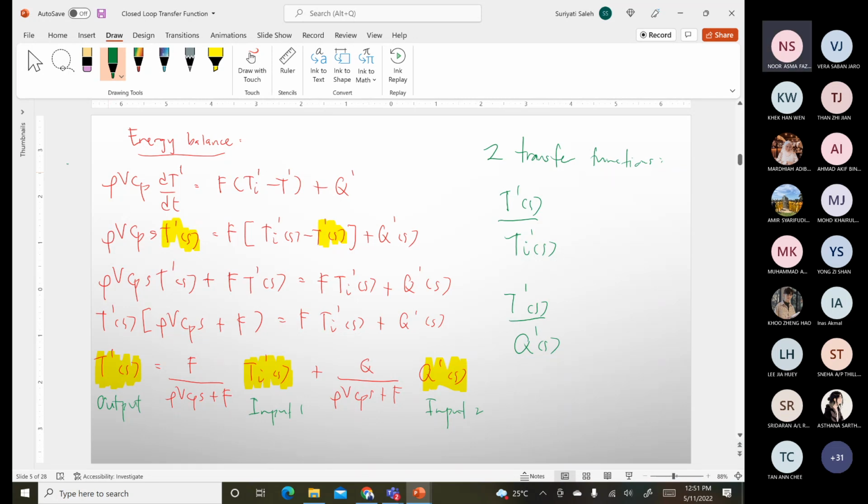Normally, when we want to set up the control system, we need to select what is our CV, what is our MV, and what is our DV. Based on the given example, the control variable is the T, temperature. And what is our manipulated variable?